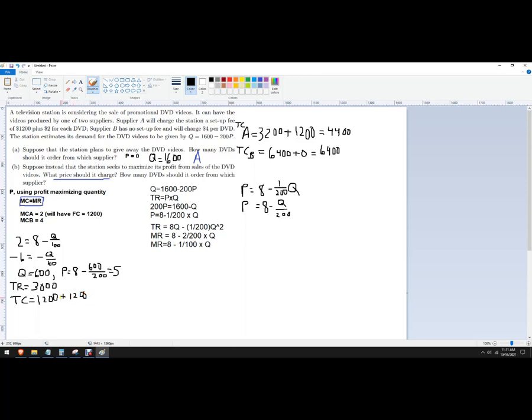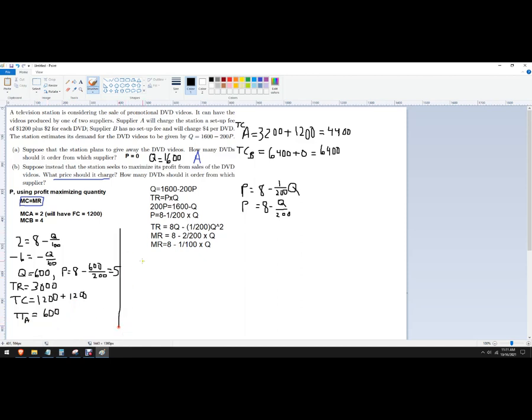Okay, so that's $2,400. And then profit is total revenue minus total cost. So 3,000 minus 2,400 is 600. So the answer here is, if you were to use supplier A, the company would make $600.